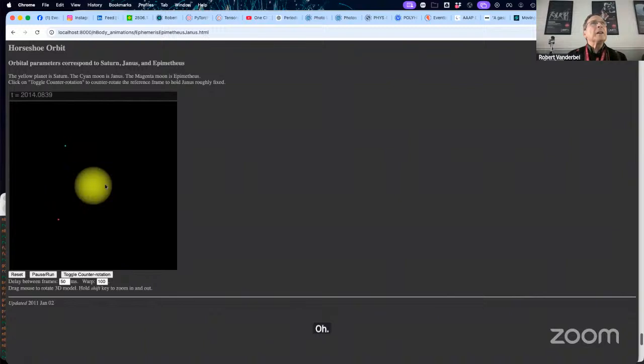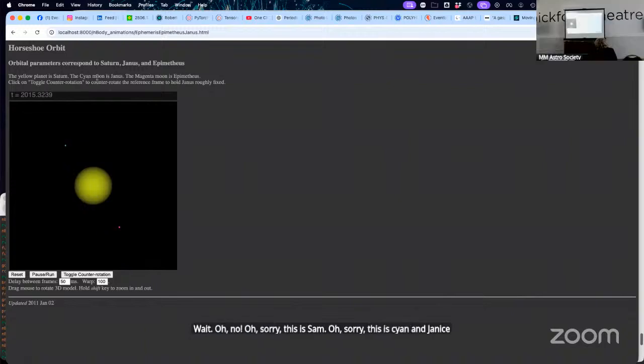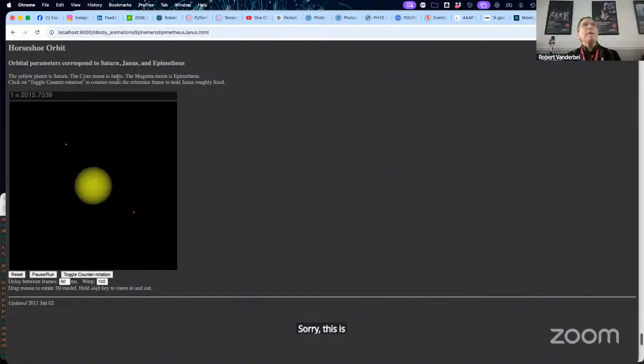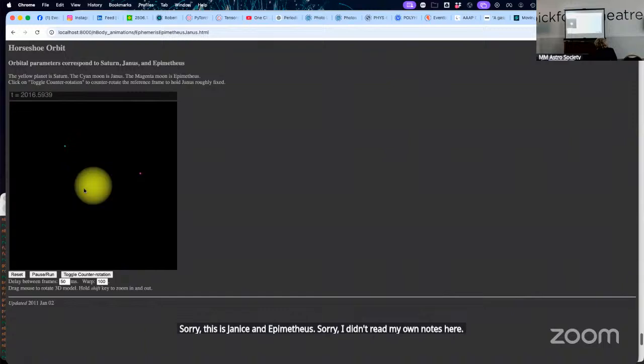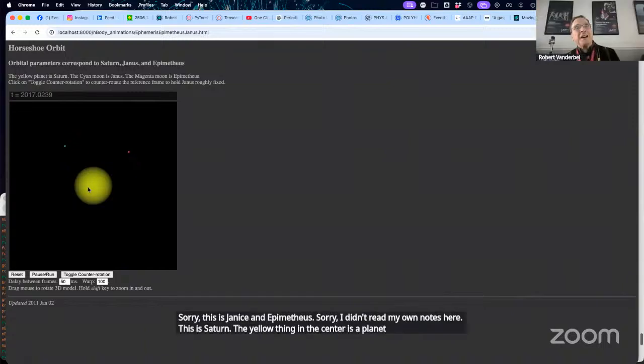Wait. Oh, no. Oh, sorry. This is Cyan and Janus. Sorry, this is Janus and Epimetheus. Sorry, I didn't read my own notes here. This is Saturn. The yellow thing in the center is a planet, not the sun. And this is 2 moons of Saturn, Janus and Epimetheus, which are known to be in horseshoe orbits.